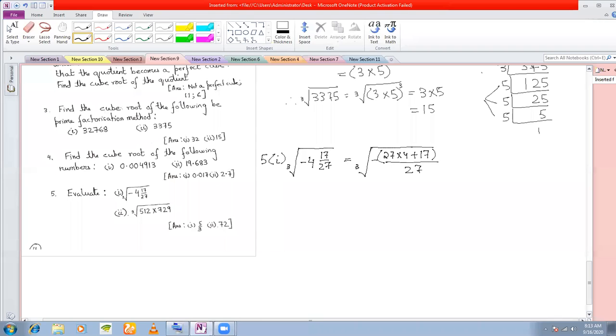So this will give you cube root of minus 125 divided by 27.